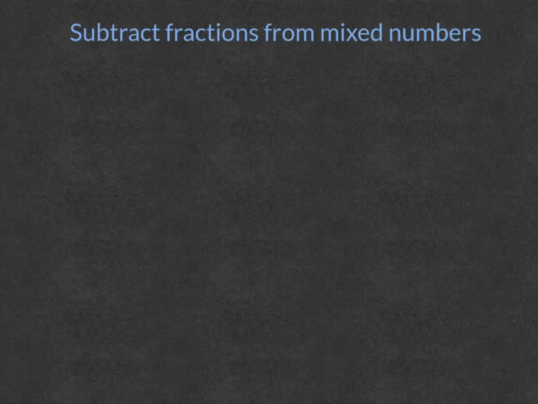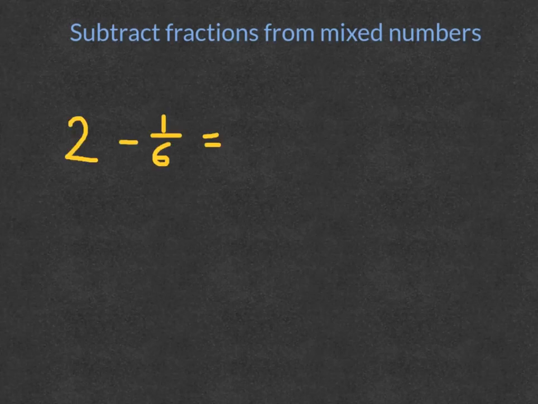The last section in this video will look at subtracting fractions from mixed numbers. Here's an example. 2 take away 1/6. What we have to do first is change that whole number into a fraction. We know that we want the denominator to be 6.